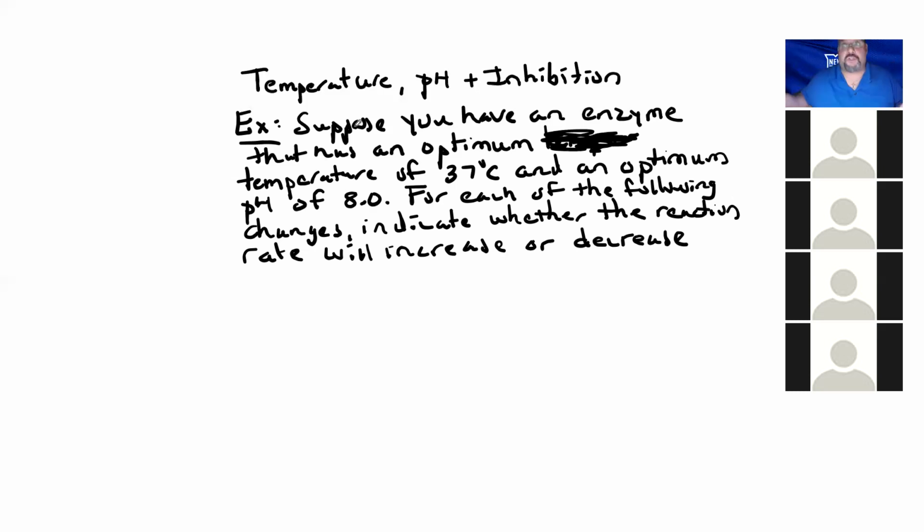The enzyme's not going to work so well. As you're going closer and closer to the optimum pH, the enzyme is going to work better and better. If you're going further away from the optimum pH, the enzyme's not going to work so well. And eventually, if the pH becomes too acidic or too basic, what could happen to the enzyme? The enzyme could denature. All right.